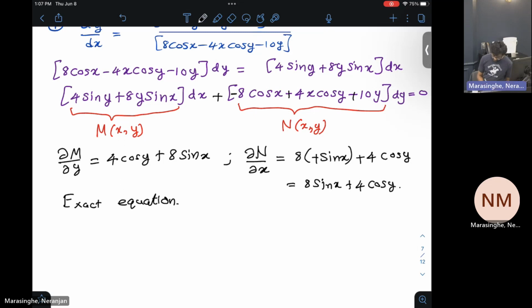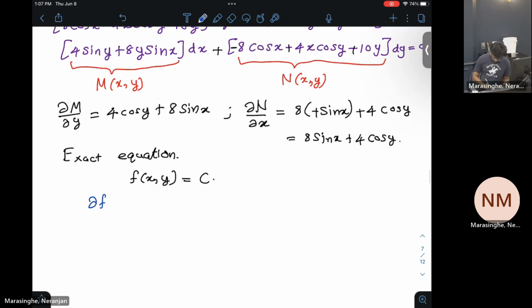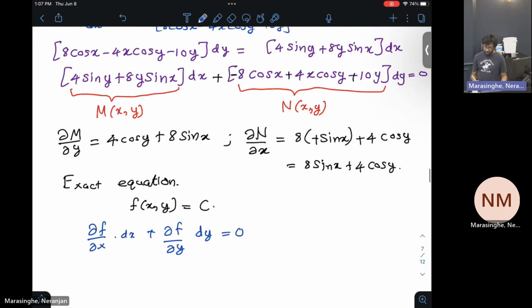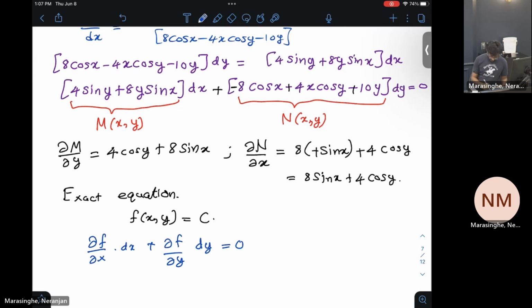So the solution would be something like this. F(x,y) equal to c. Okay. Then what is our next step? Since f(x,y) is a constant, its differential equals 0. So we have this relation. ∂f/∂x times dx plus ∂f/∂y times dy is equal to 0. And also I have this one.